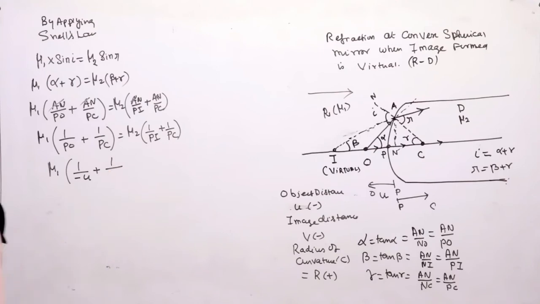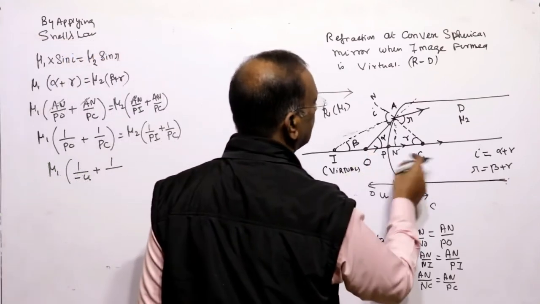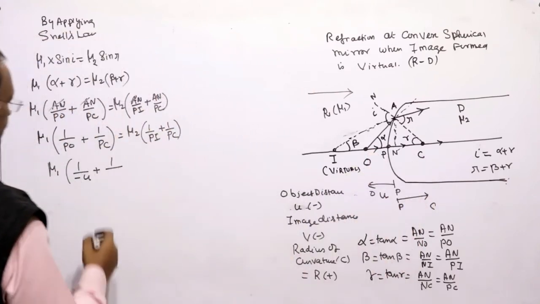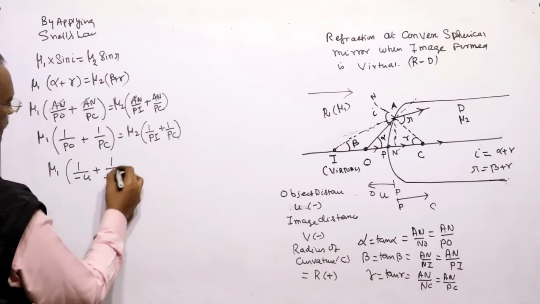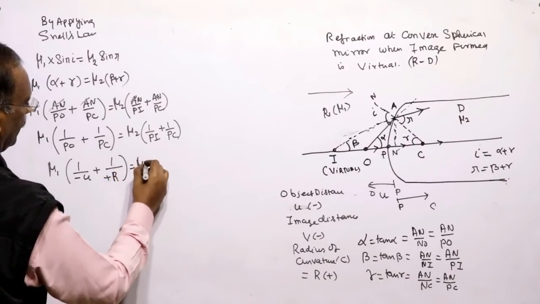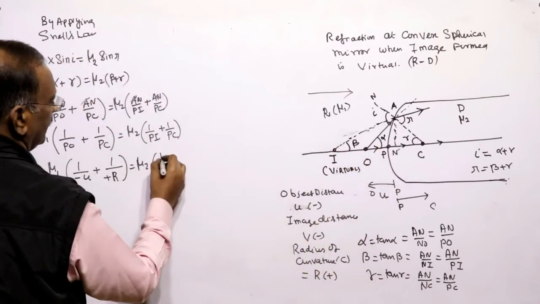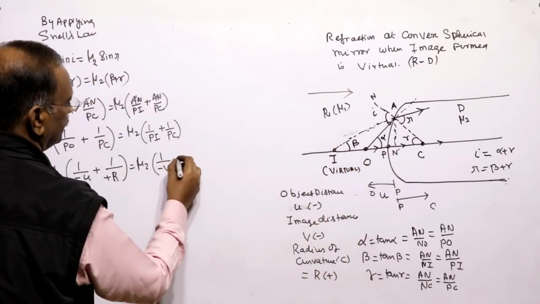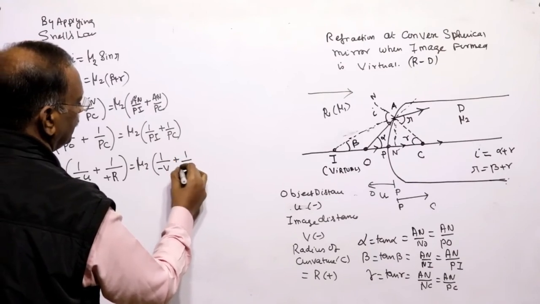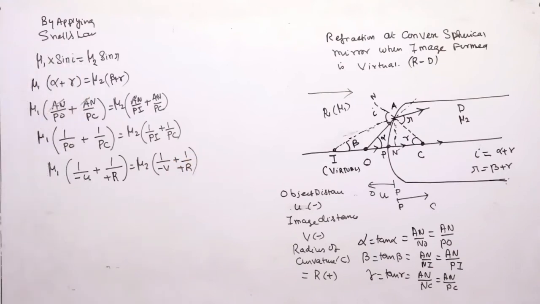PC is the radius of curvature, positive, plus R. PI is the image distance, minus v. So you have to give due consideration to the sign convention.